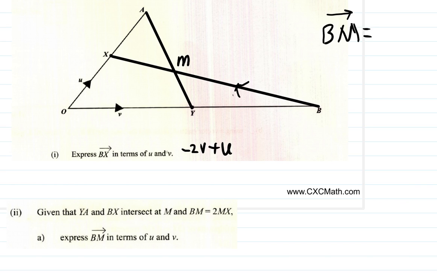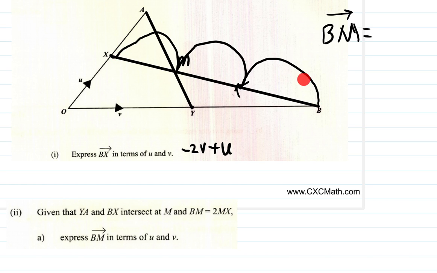Now remember, BX is negative 2V plus U. Now if this distance is 1, 2, 3, you see that? It means from B to M is 2, but B all the way to X is 3. B to M is 1, 2 steps. M to X is 1 more step.